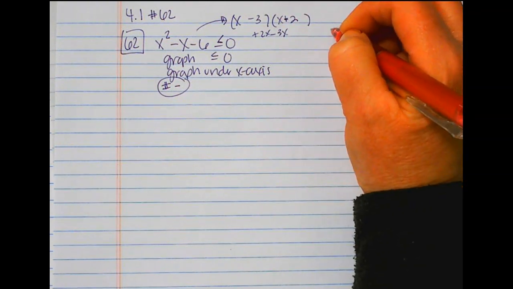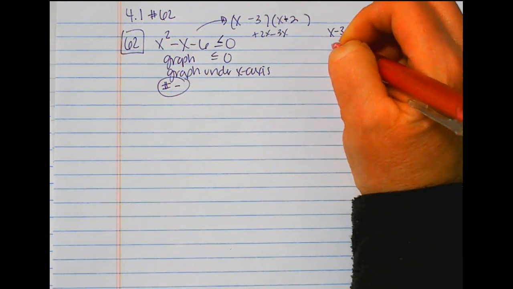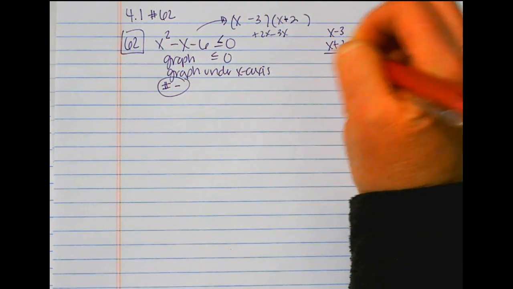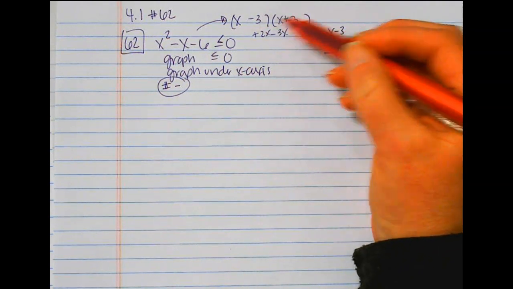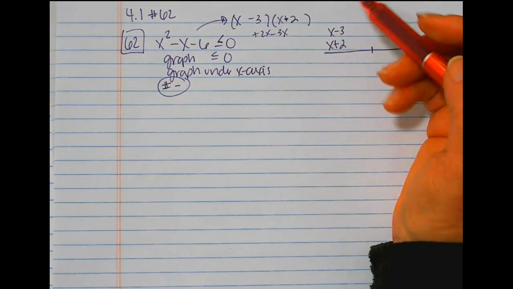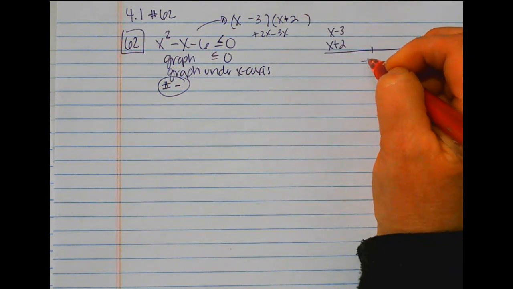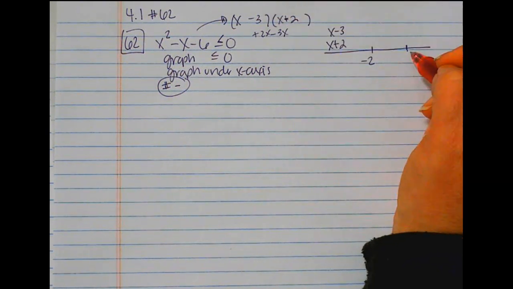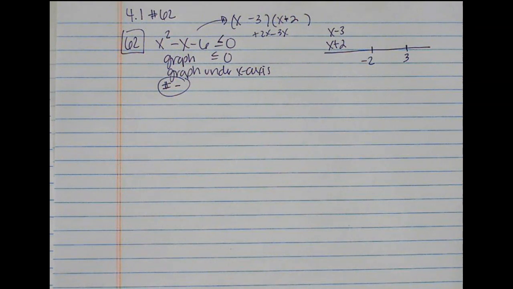So if these are my factors, x minus 3 and x plus 2, and I set this equal to 0 to find these values, one of them is going to be negative 2, that goes here, and one of them is positive 3. It is important that you put them in the right order because then you're getting the right intervals.